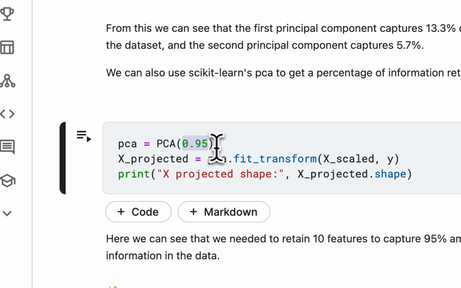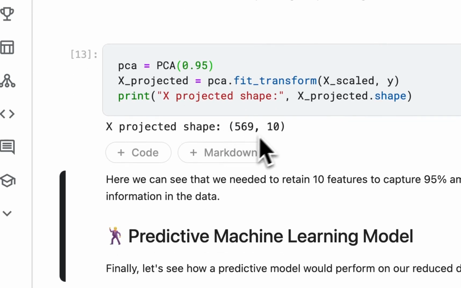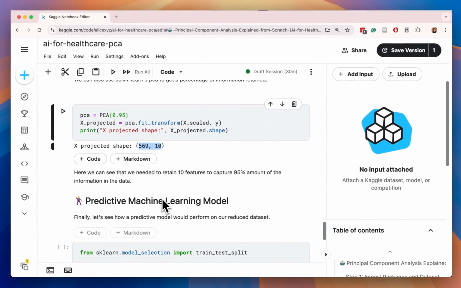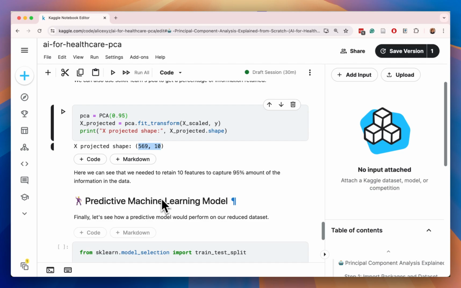So right here, I'm saying I want 95% of information remaining. And when we do that, we can see that we have a new shape of 569, 10, which means that we needed to retain 10 features to capture 95% of the information in the data. And again, these are not the 10 features from before, these are 10 newly constructed features using our eigenvectors.